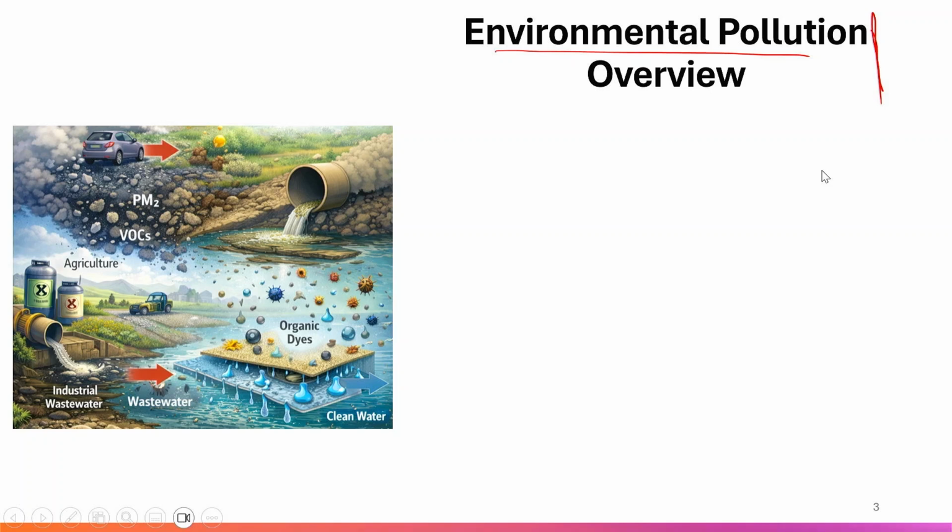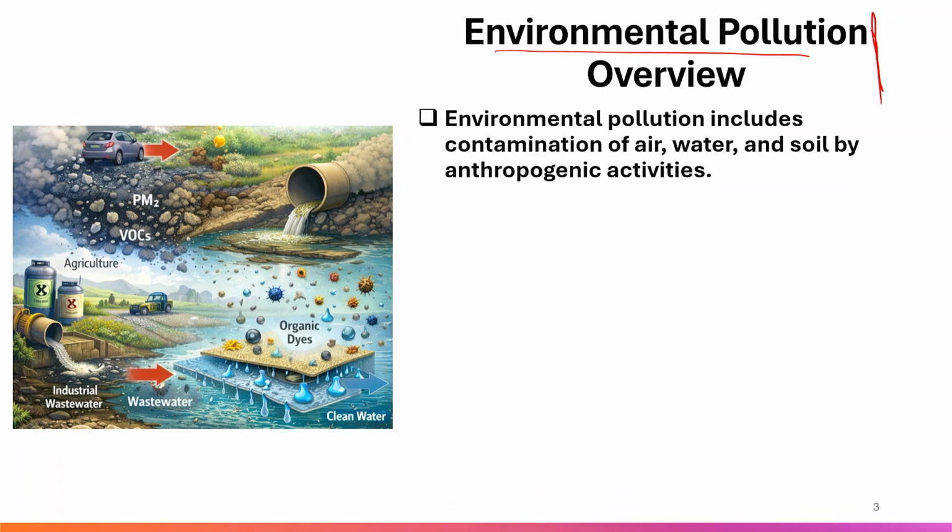The environment is polluted in different ways; this diagram is showing water pollution. From industry, gases and fumes are generated, and that also adds to environmental pollution.